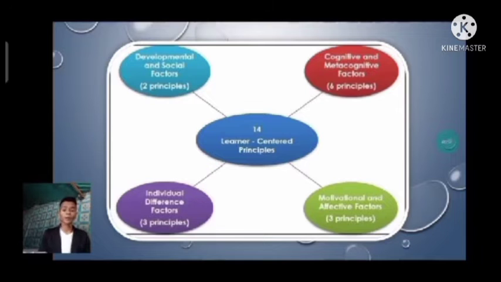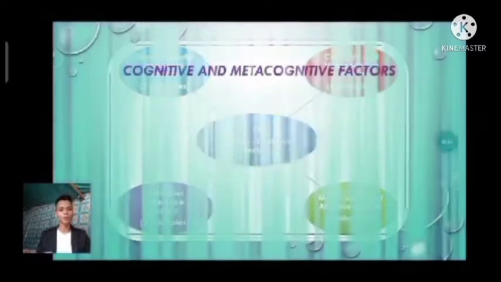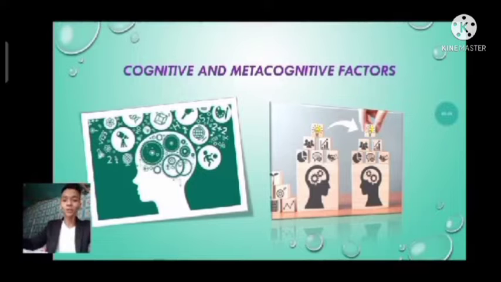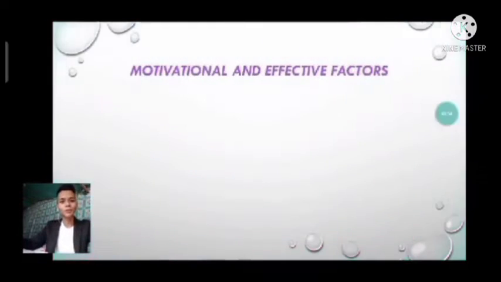Here are the 4 domains or factors of the 14 learner-centered principles: the developmental and social factors, which have 2 principles; cognitive and metacognitive factors, which have 6 principles; individual difference factors, which have 3 principles; and motivational and affective factors, which have 3 principles. Cognitive and metacognitive factors deal with thinking and thinking about thinking.